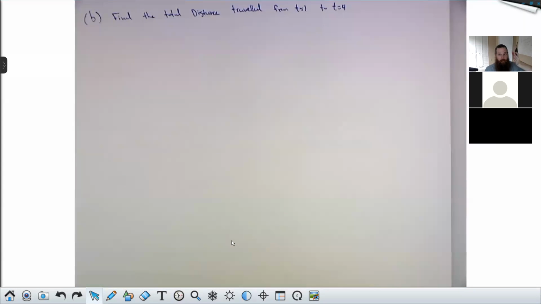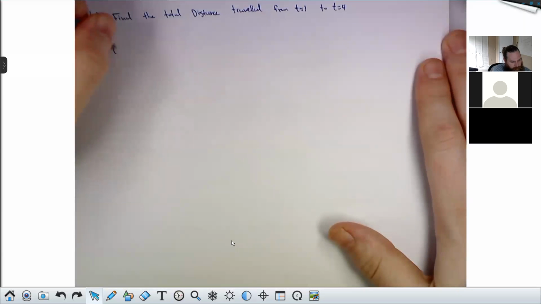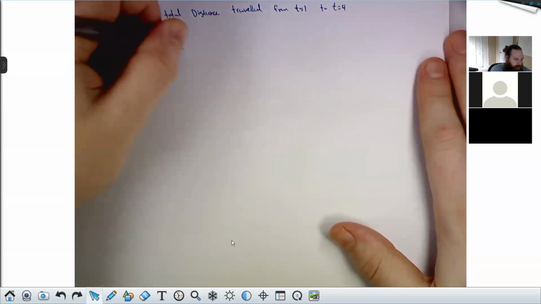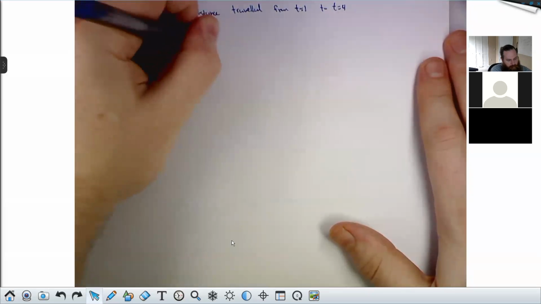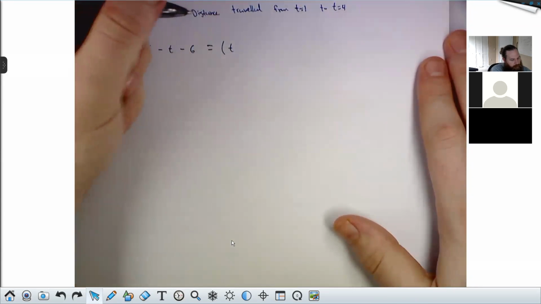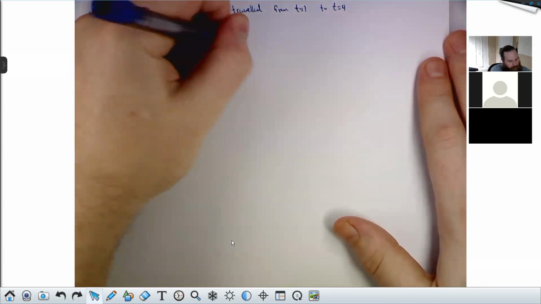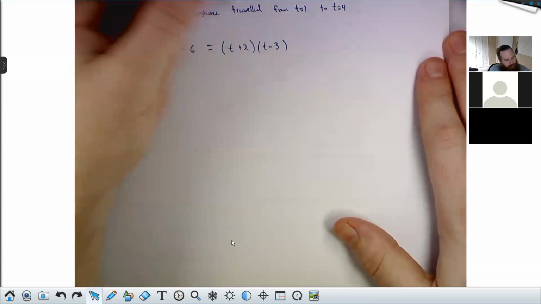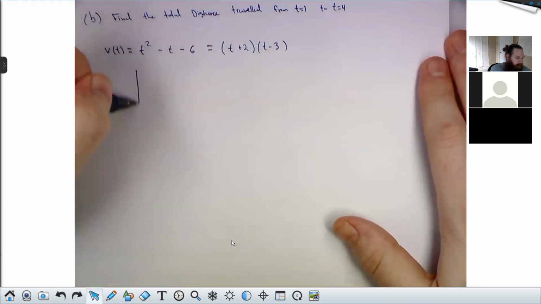It means I just started somewhere and moved 4.5 feet back. But this velocity function is not like that. This velocity function is not always negative or always positive. t squared minus t minus 6 factors as, what is that, 2 and 3, right? That's t plus 2 times t minus 3. So what's the graph of this look like?